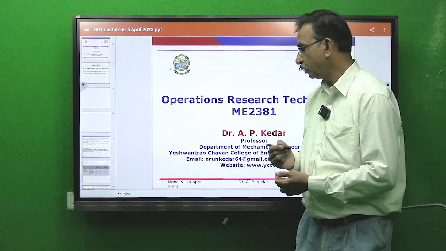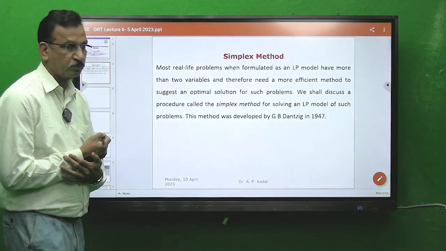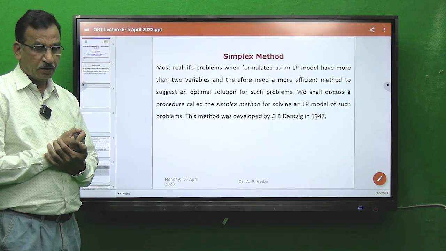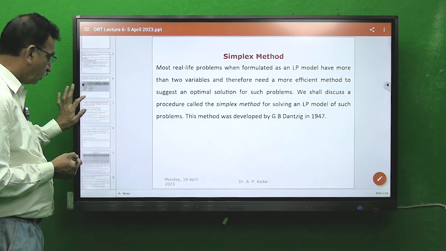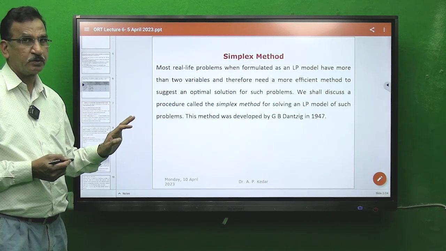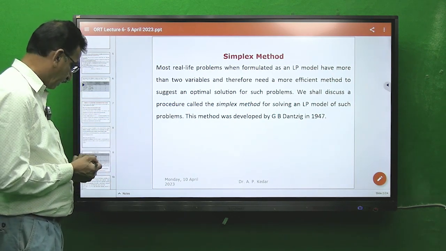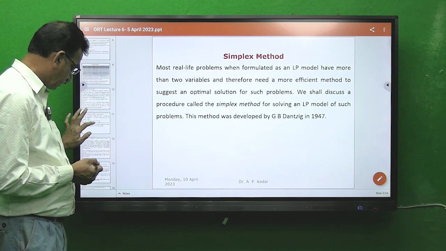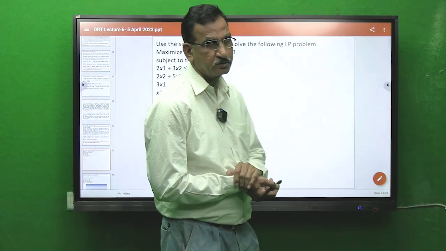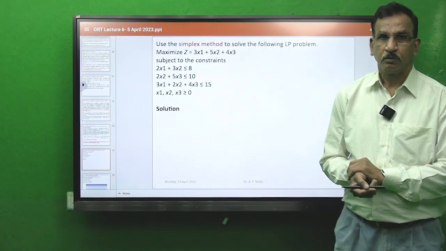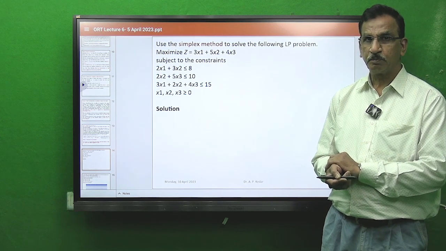So if you recall our last lecture's discussion, we have discussed what is the Simplex method, where it is suitable, and also various steps when we are applying Simplex method, how to proceed. And at last juncture, we have seen this particular slide wherein we have said that we will solve this problem by Simplex method.